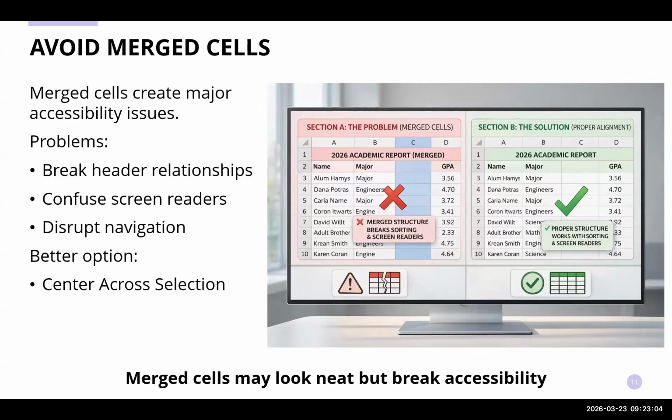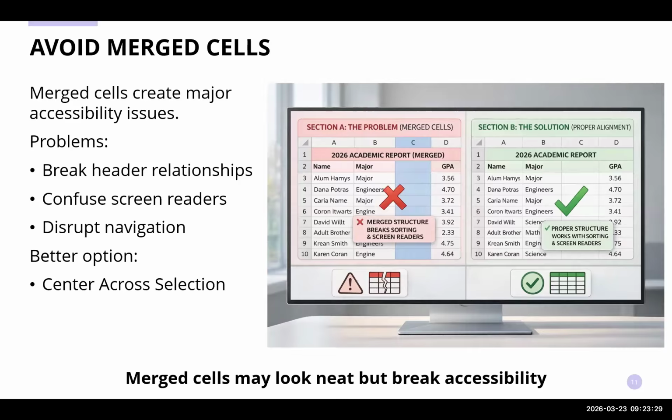You click OK, and the text that you have entered as a title will now appear in the center of the selected cells. So without merging the cells, you can create the same effect visually. Do remember, merged cells may look neat, but they break accessibility.